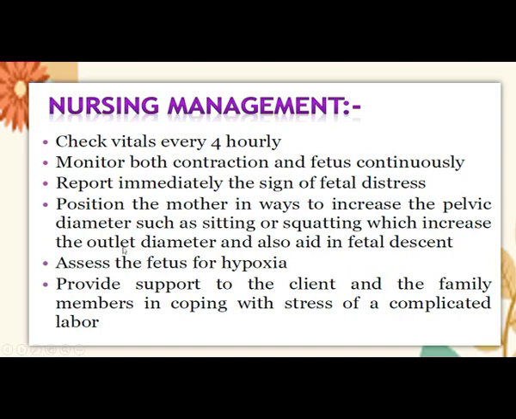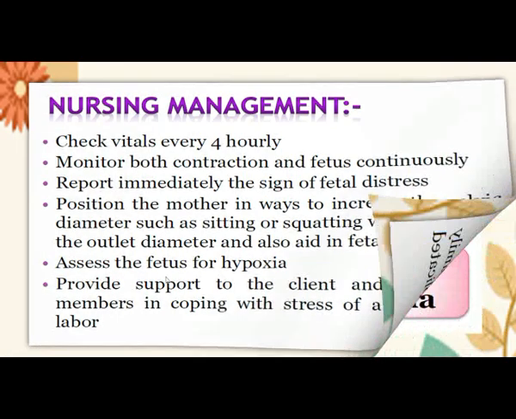We can allow the woman to use different positions so the pelvic diameter may be increased. Then assess the fetus for hypoxia, and provide support to the client and family members in coping with the stress of the complicated labor. These are the nursing management.